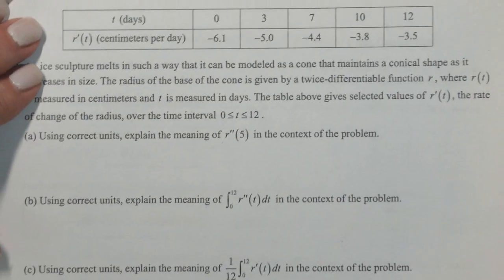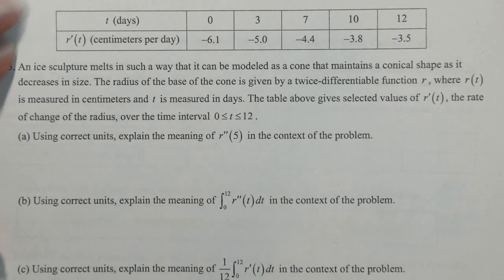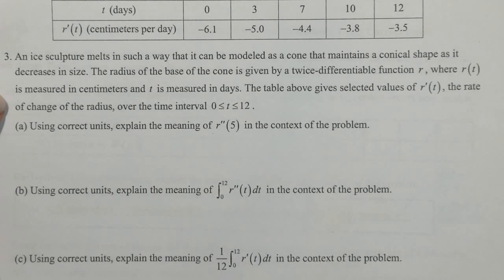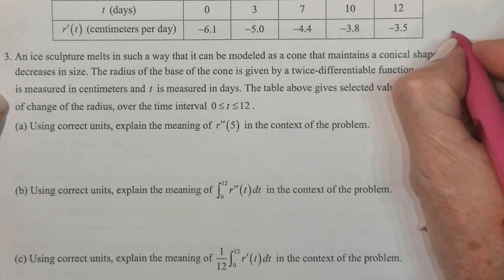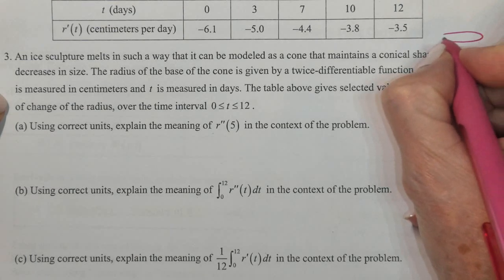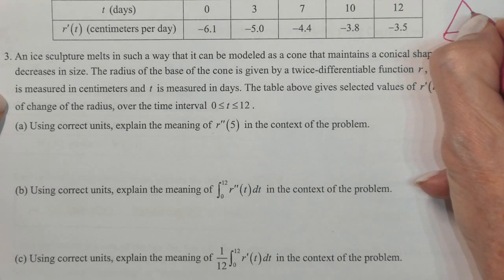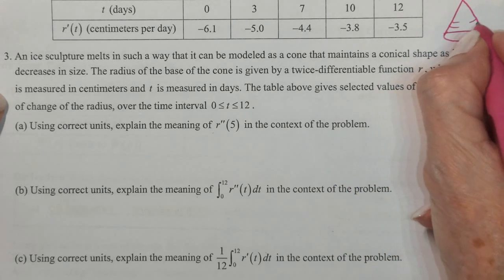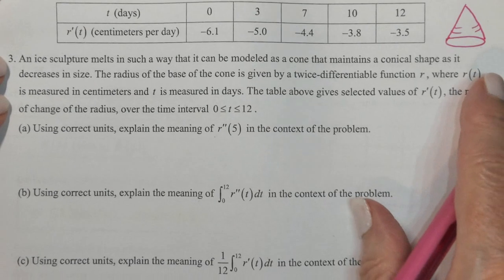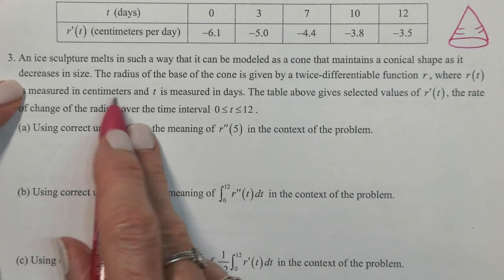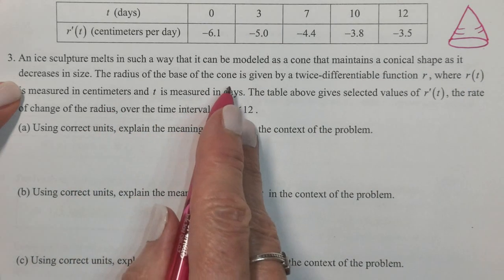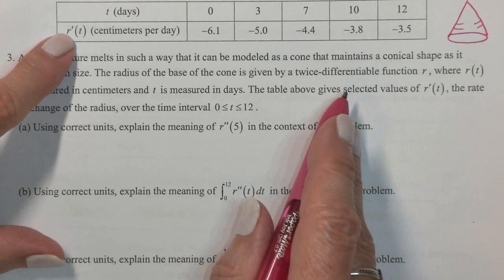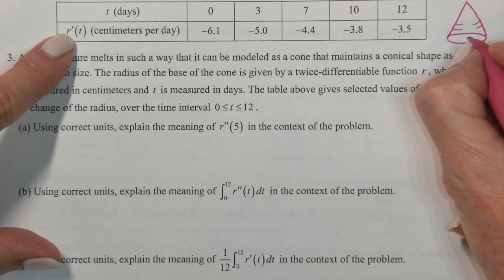Let's do another one. An ice sculpture melts in such a way that it can be modeled as a cone. So we have this conical ice sculpture that is melting. And as it melts, it maintains its conical shape. Okay? The radius of the base of the cone is given by a twice differentiable function r. So r is the radius of the base.